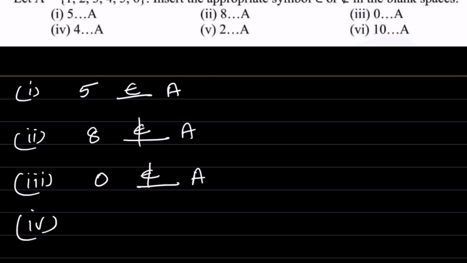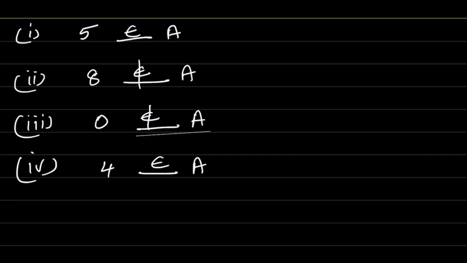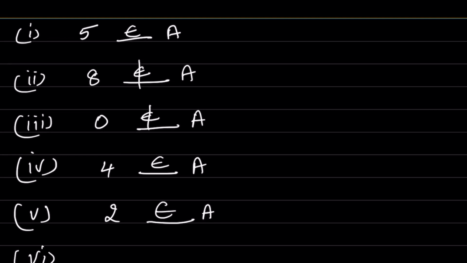Then fourth one, 4 belongs to set A. Then fifth one, 2 also belongs to set A. Then 10 does not belong to set A. So you can easily find out what are all the elements of this set A.